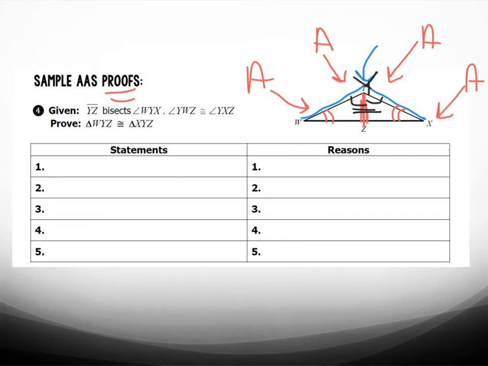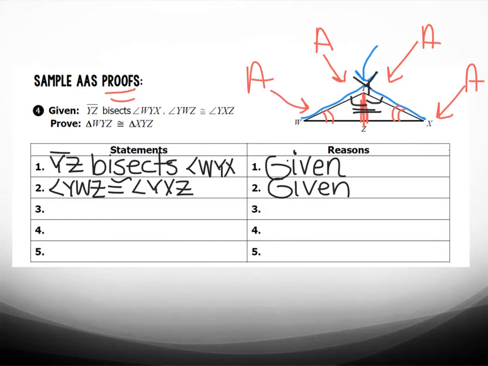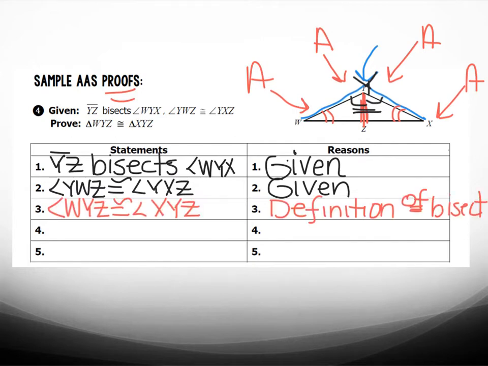Here goes. So number 1 and number 2, they were given. So let's see what's next. Okay, so angle WYZ is congruent to angle XYZ. Why is that? Because of the definition of bisect. And now we have YZ is congruent to YZ. It's a shared side. And what property is that?